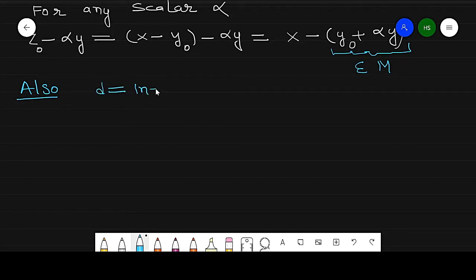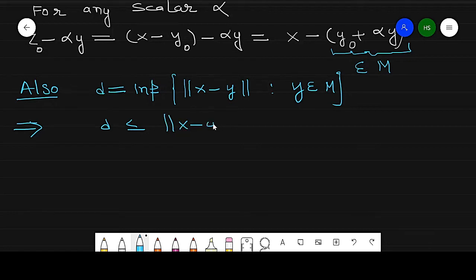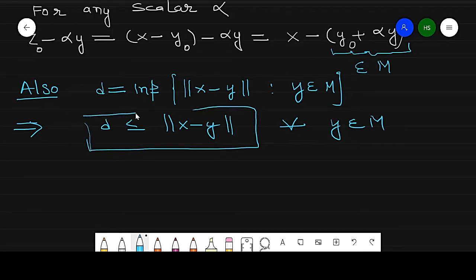D is the infimum of the norm of x minus y for every y belonging to M. It means this D is less than or equal to the norm of x minus y for every y belonging to M. This condition is true for every vector belonging to M, so this condition is applicable to this vector.